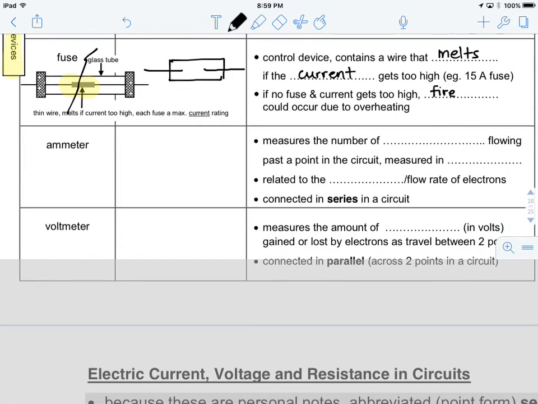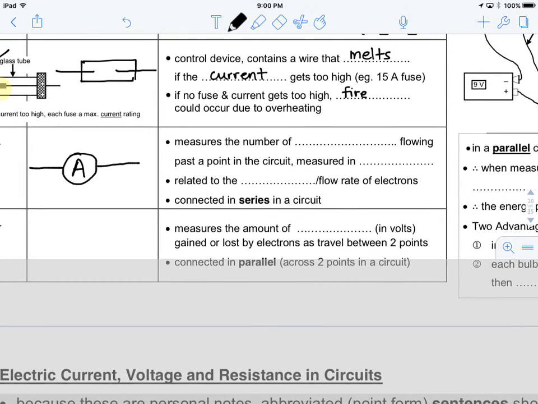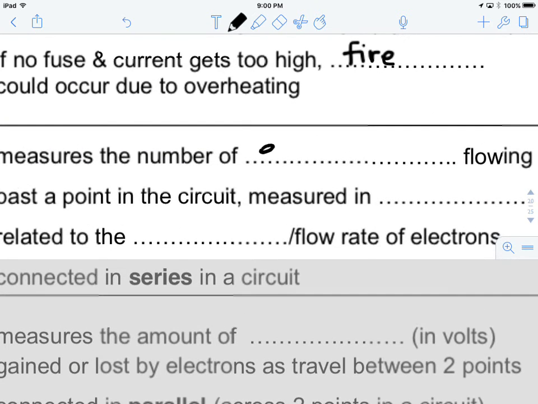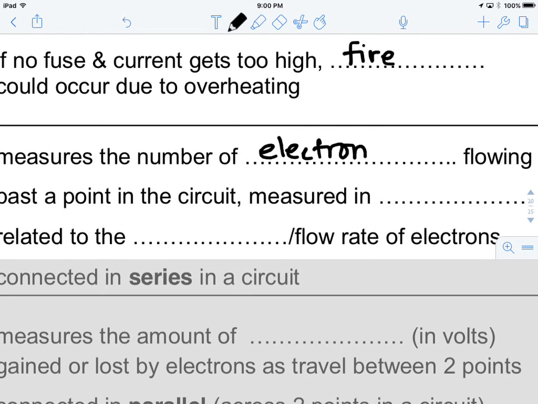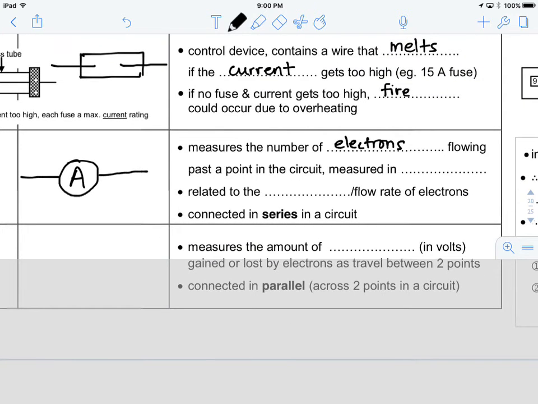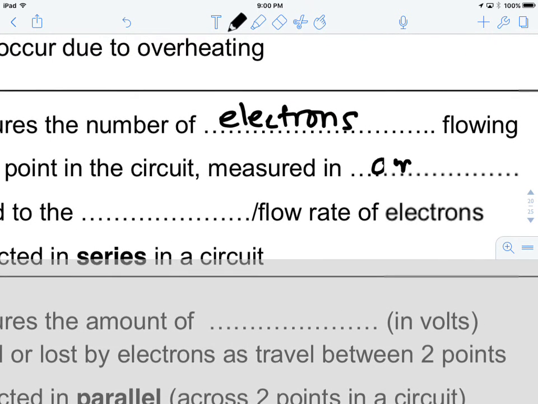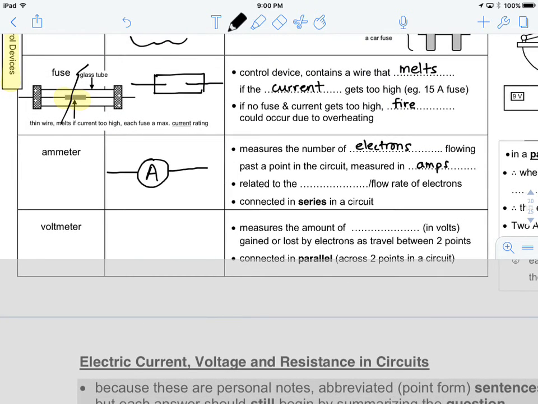All right, so an ammeter is one of the last things on our list down here, and an ammeter has a symbol similar to a motor. It's got an A in the middle of it. An ammeter measures the number of electrons flowing past a point in the circuit, and this is measured in amps. So it actually measures electrons, but really indirectly, because electrons are too small, it's not going to tell us the exact number of electrons.